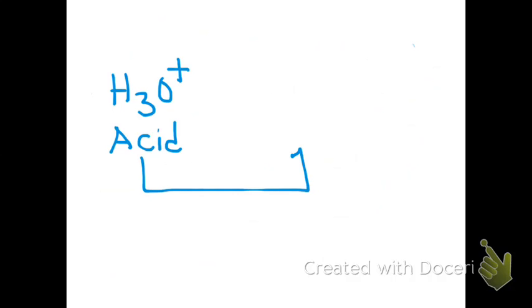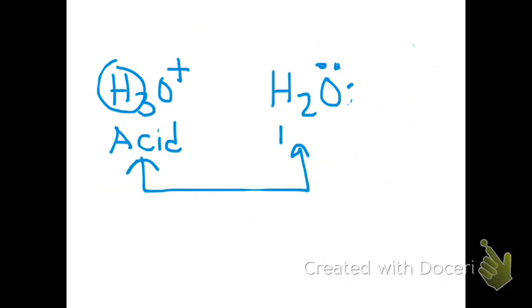So let's draw a conjugated pair of this. Well, if the acid loses an H plus, then let's get rid of one of these three, and what's left is H2O. So that tells us that water is the base in my conjugated acid-base pair of the hydronium ion.